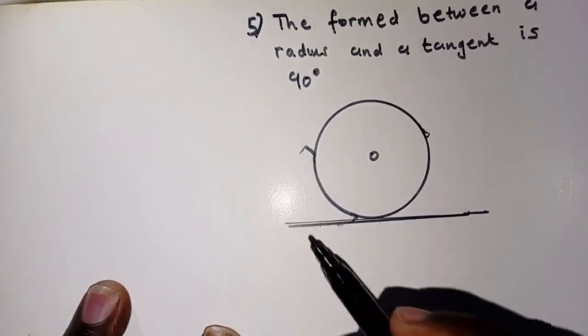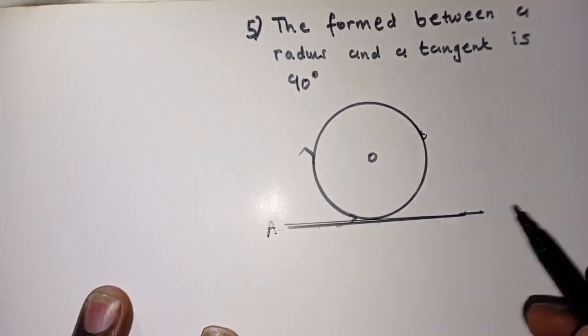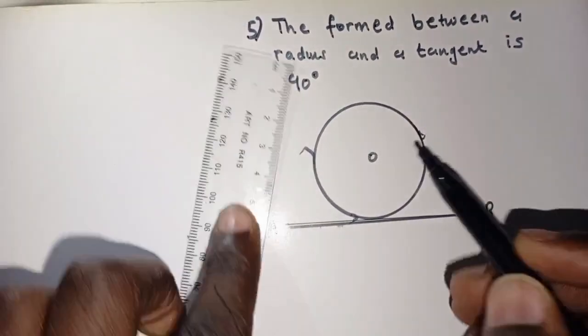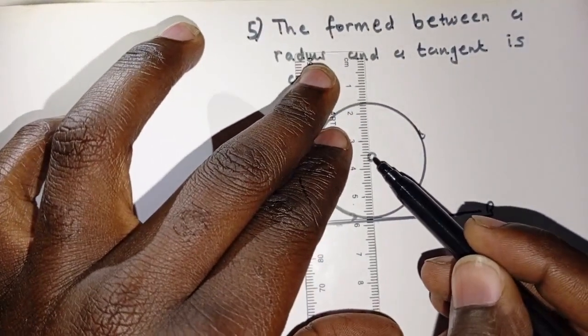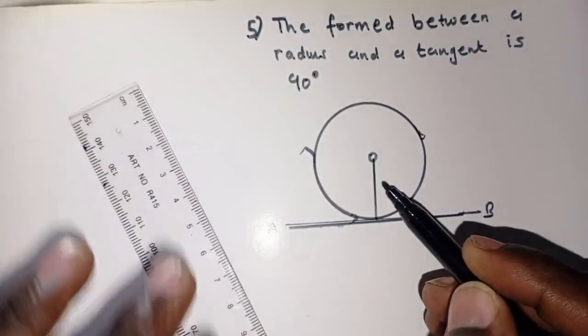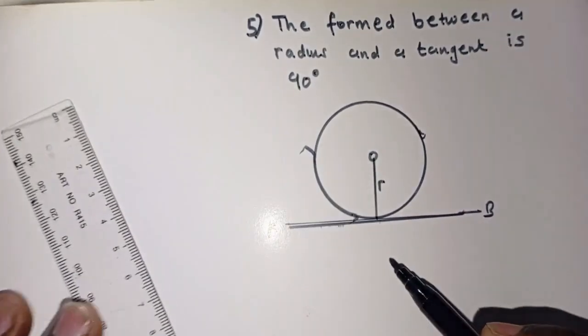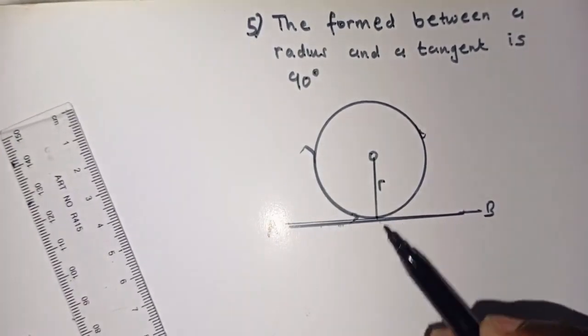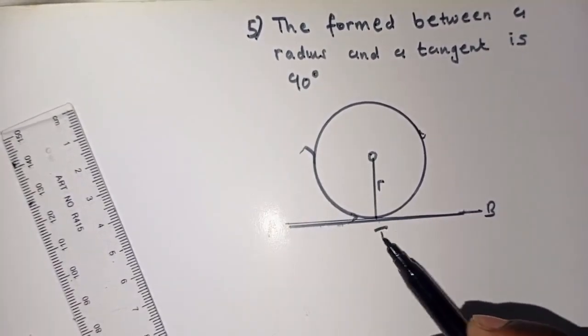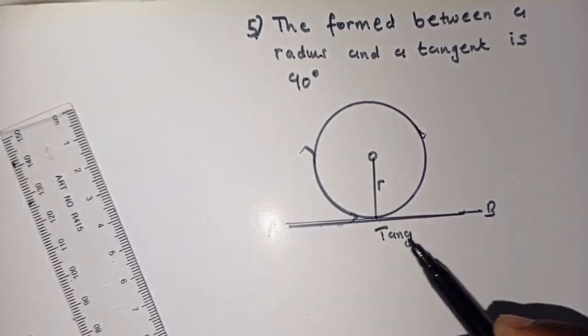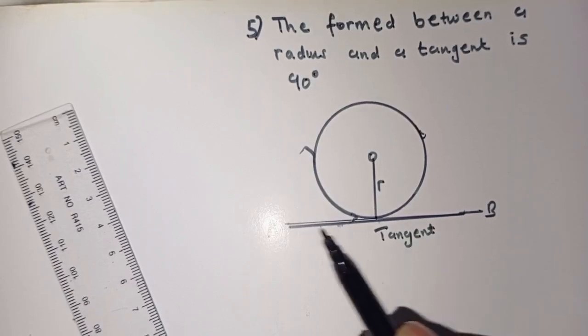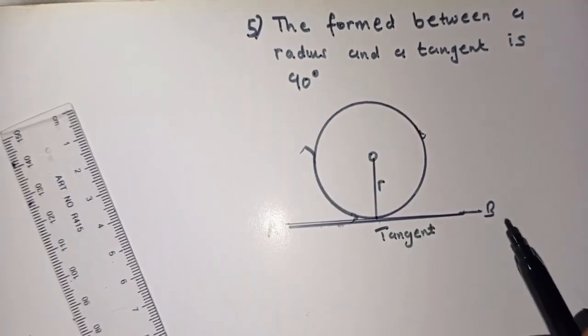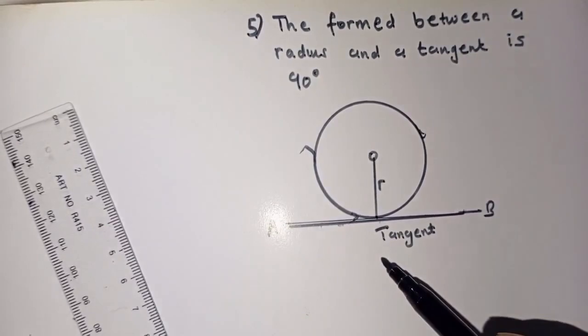So a tangent, for example, I'll call it tangent AB, and this is the center. So any line drawn from the center to the circumference is the radius. So this is the radius. So what we're saying is the angle that is formed. This is the tangent. A tangent is a line that just touches the surface of a circumference, just at the surface there, like that.